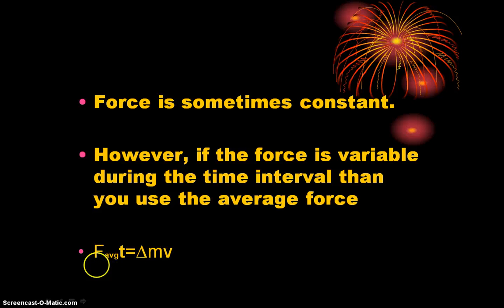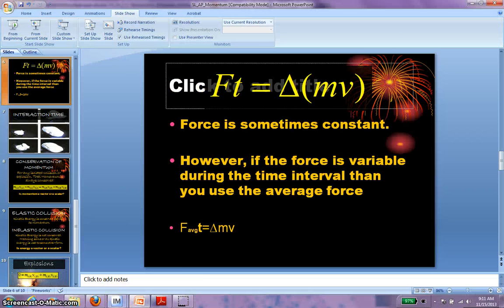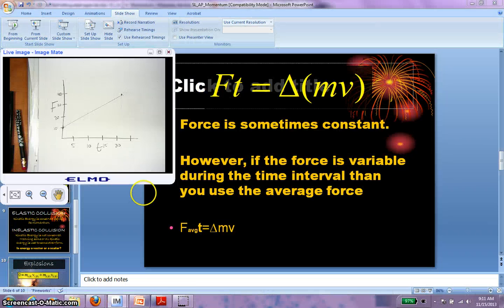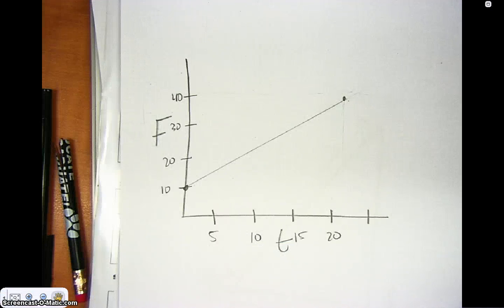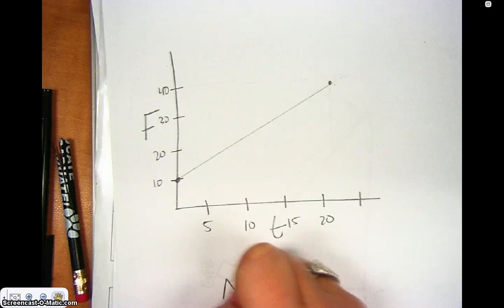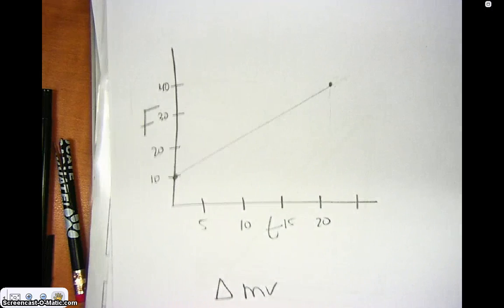And we will always be dealing with a linear relationship for our purposes, saying that force is changing at a constant rate. So let me give you a graphical example of this. Let's say you were given a graph that had force on one axis and time on the other, and it asked you what was the change in momentum for this scenario.